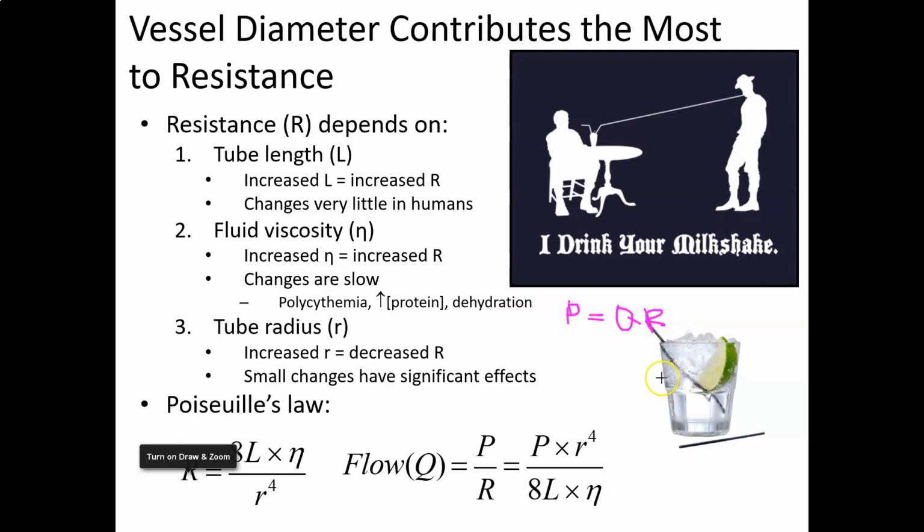So then we could say that Q, to isolate it, equals, and again, we just did this the other slide, we just divide both sides by R. So flow equals pressure over resistance, right?